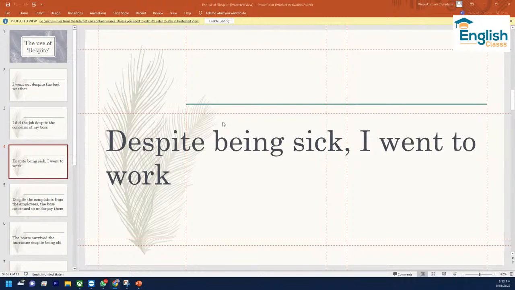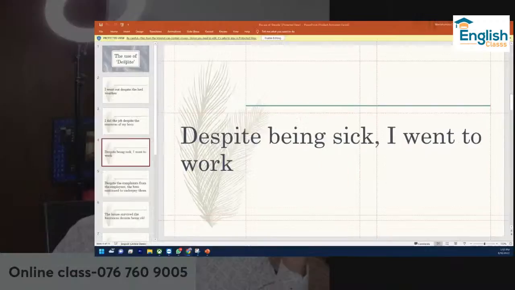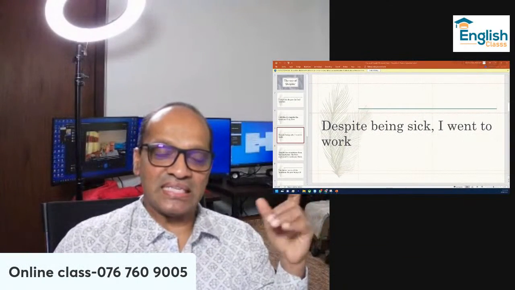You have to use the verb with ing. We call it the gerund. We normally use the gerund of the verb with ing, just after the conjunction despite. The word despite is called a conjunction. A conjunction means a linking word.